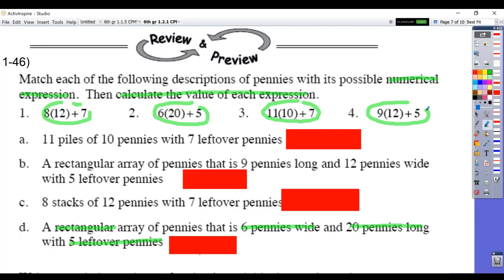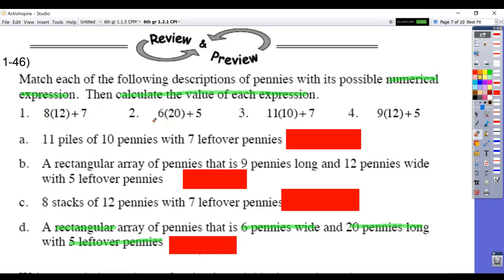Okay. Keep in mind that when you see a number in front of a parentheses without another operation sign in between, it means multiply. So this is the same as 8 times 12 plus 7, 6 times 20 plus 5, and so forth. So that is a way that we indicate multiplication. We also do it with a raised dot. We also do it with an X, but we get away from the X in middle school because we end up using X as a variable.